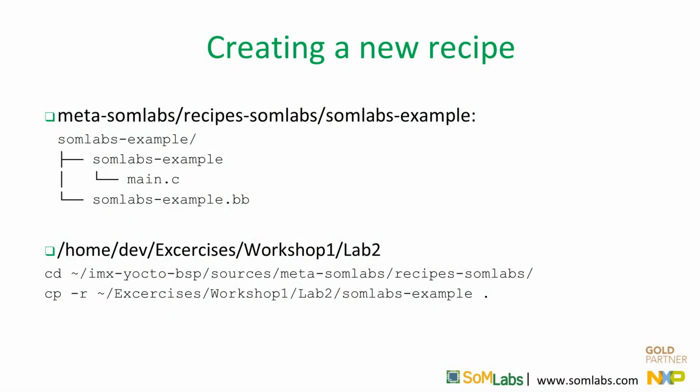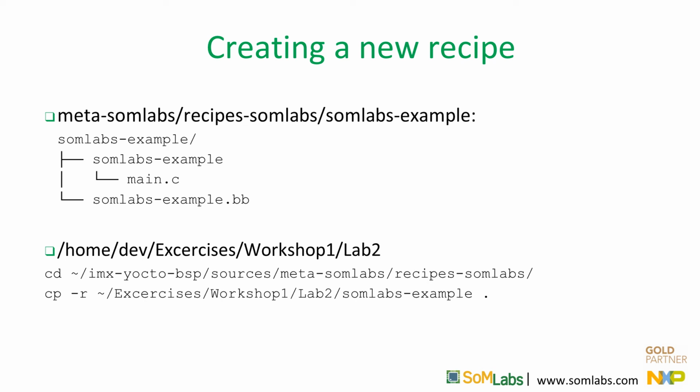To enable automatic compilation and installation of your own application in the system file in the memory of the device's SD card or eMMC memory, we should create a recipe that will be built with all other components included in the image. We will place our new recipe in the meta-SOMLabs recipes-SOMLabs directory, similarly to the SOMLabs demo application.